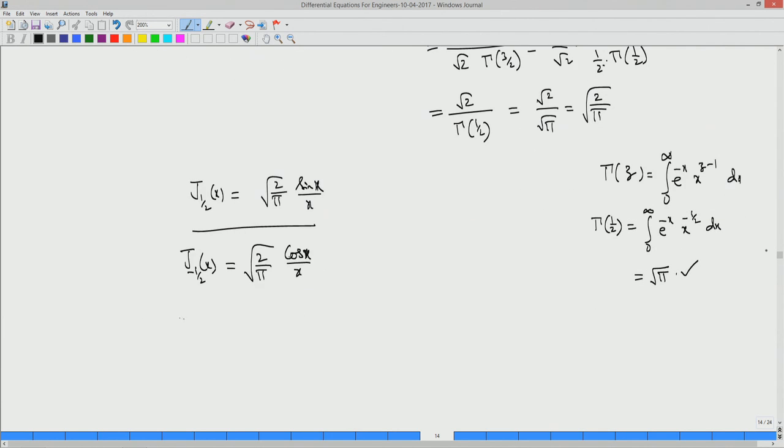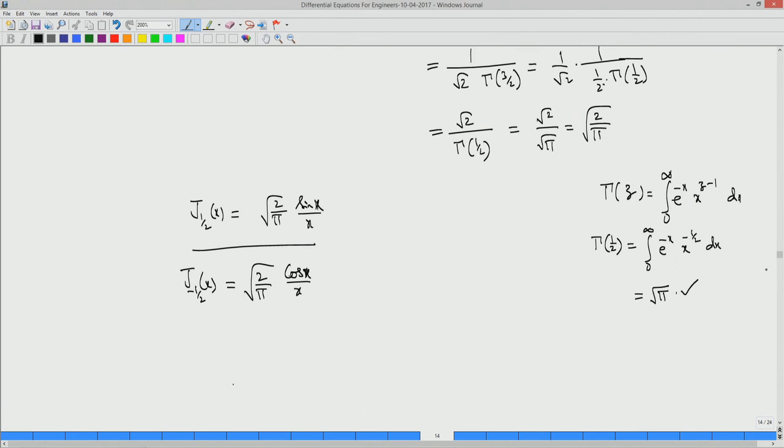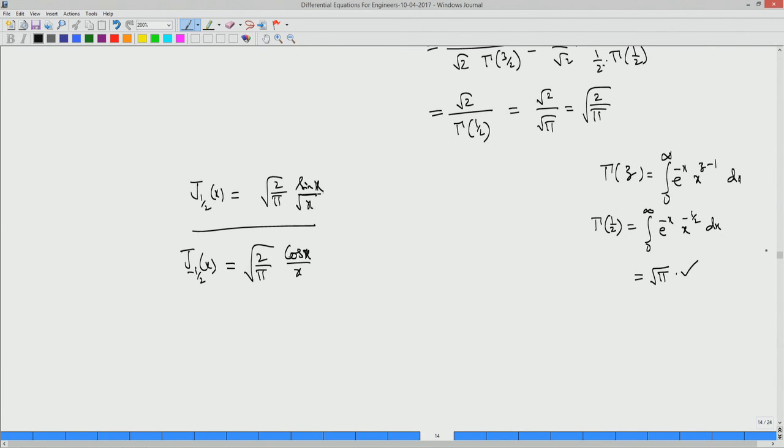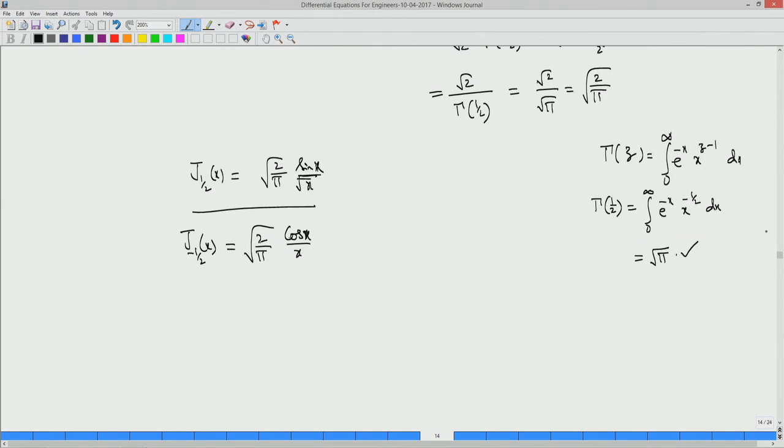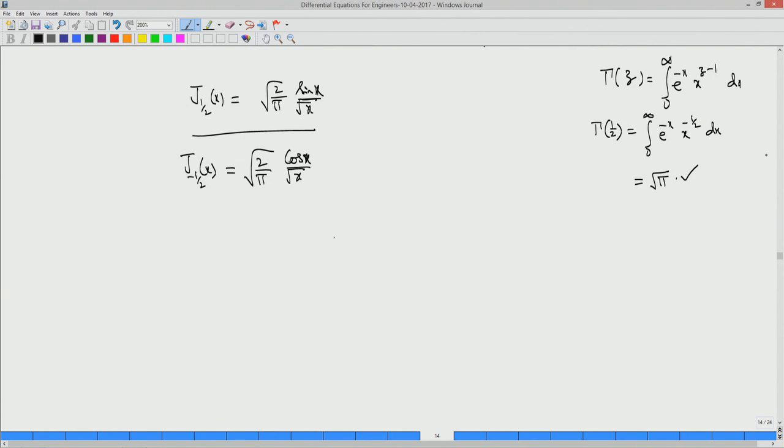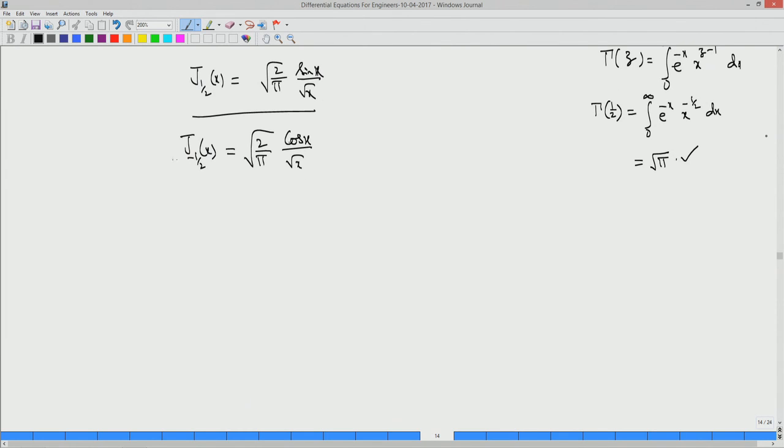We use the property that root x J half of x is root 2 by pi sin x, so here also we get cos x by root x. This is what you want to show.